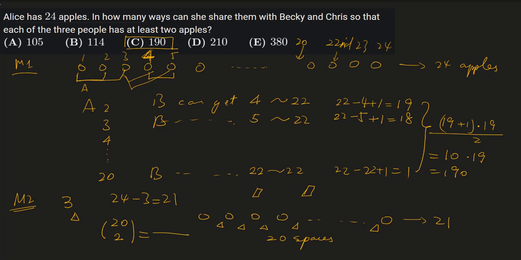And that equals 20 factorial divided by 18 factorial times 2 factorial. So that is 19 times 20 divided by 2, which is 190 as well. Therefore, we get the same solution as method 1. Our answer is still C.